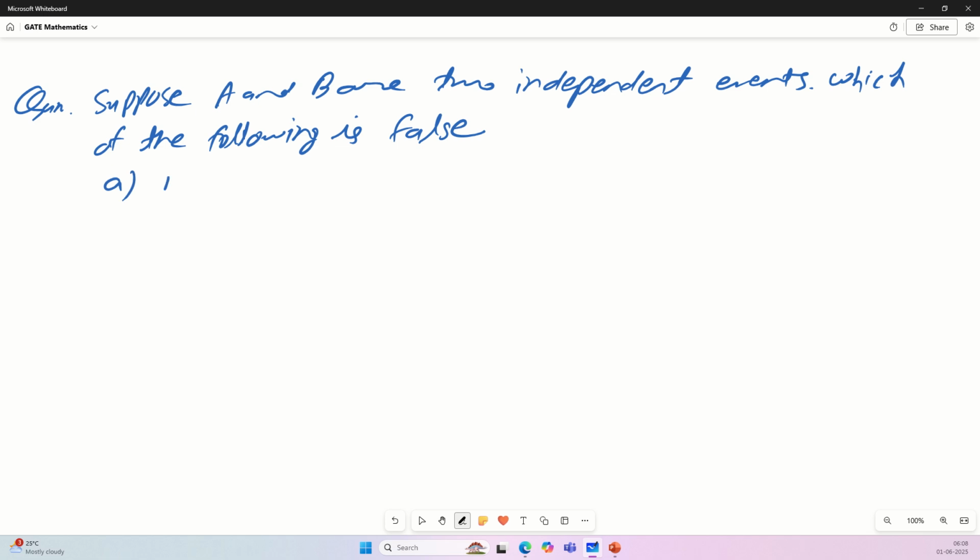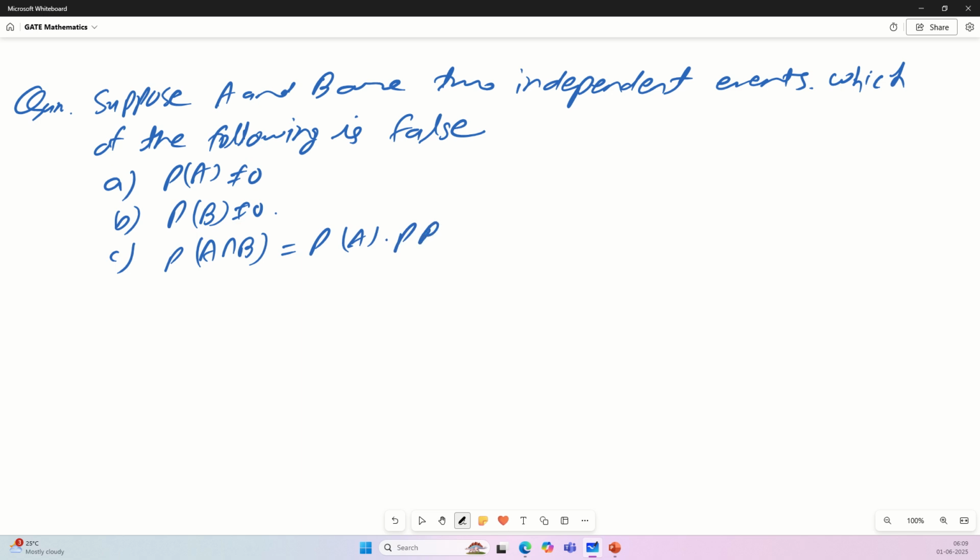Options are: A, probability of A is not equal to 0. B, probability of B is not equal to 0. C, probability of A intersection B is equal to probability of A into probability of B. And D, probability of A union B is equal to probability of A plus probability of B.